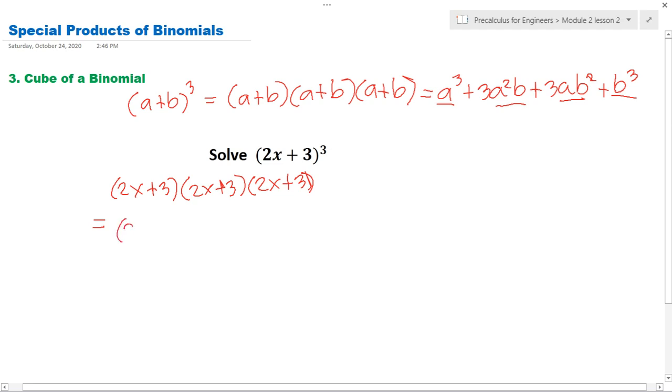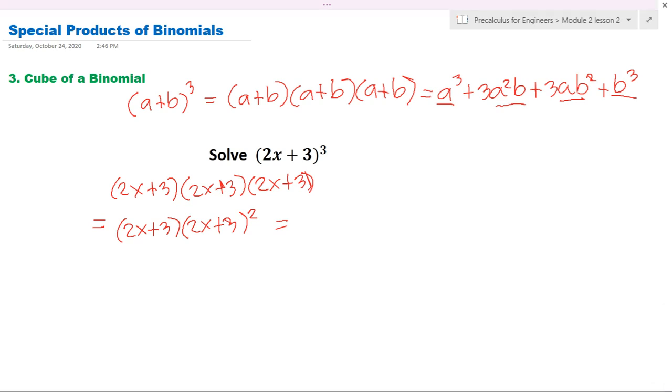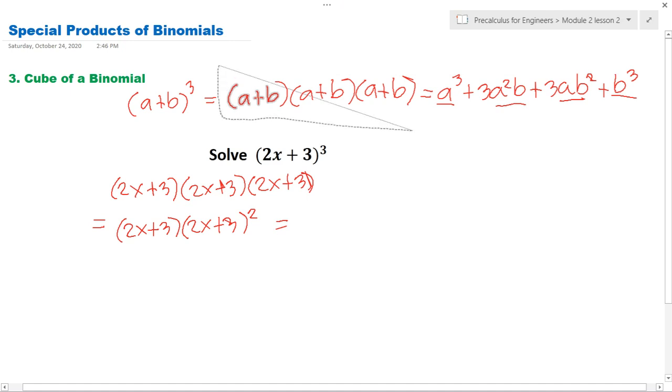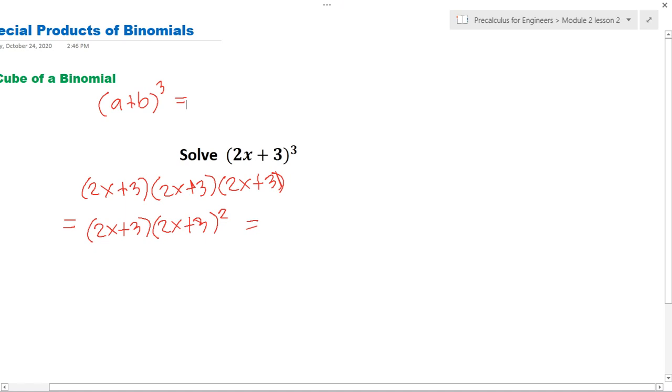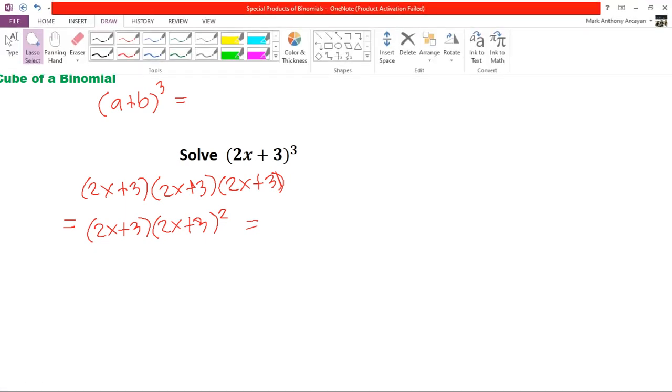So I can write this in this way: (2x + 3) times (2x + 3), then squared. Then I can use the square of a binomial. So erase muna natin to. I can use square of a binomial for this one.